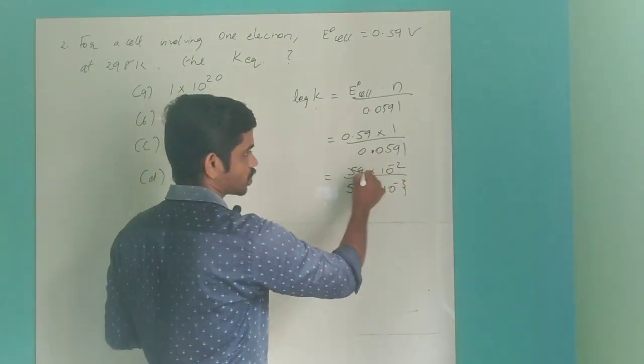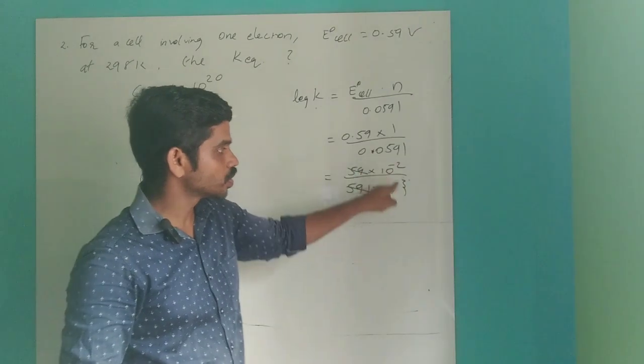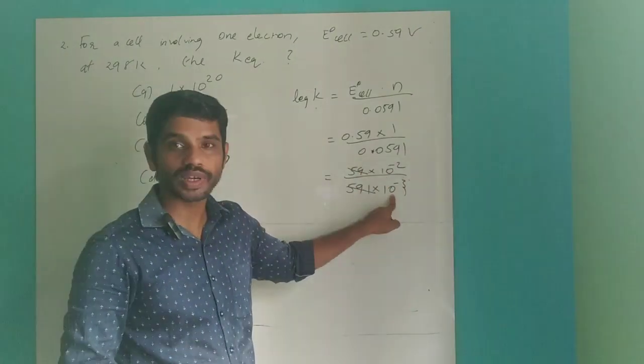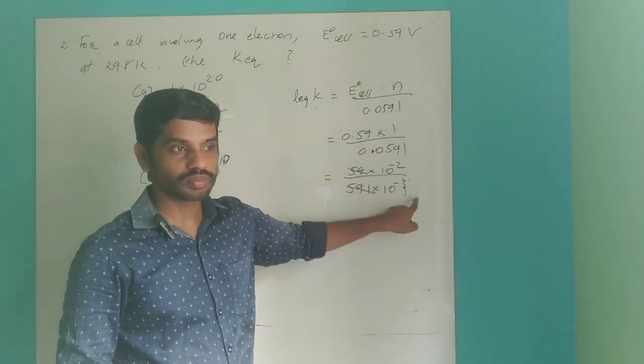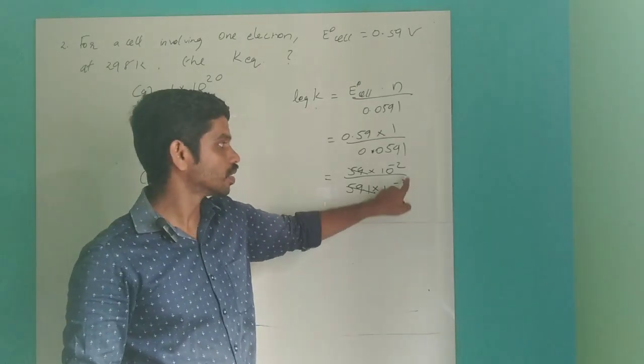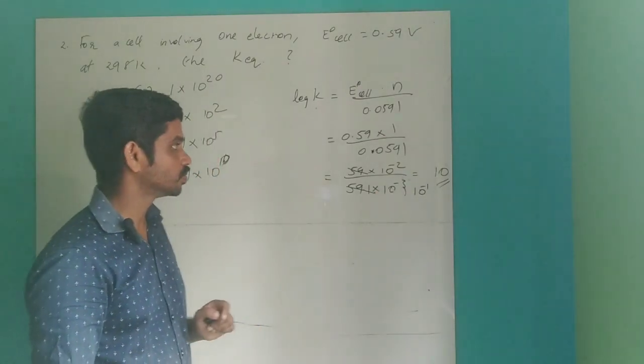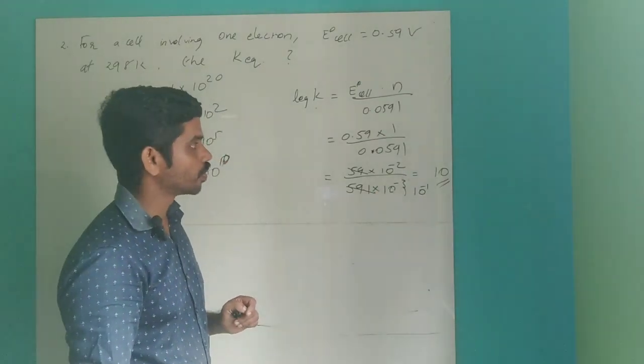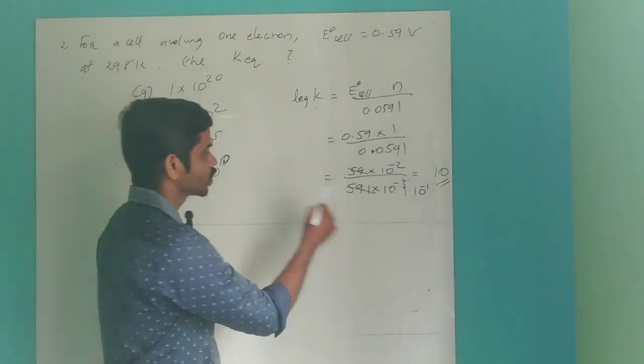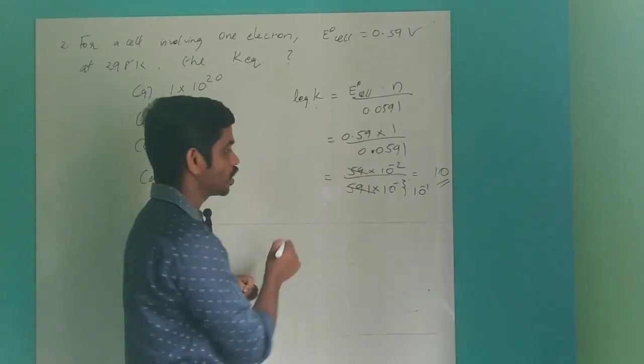Cancelling, minus 2 minus 3 gives 10 power 1, so the value will be 10. So log K is equal to 10.